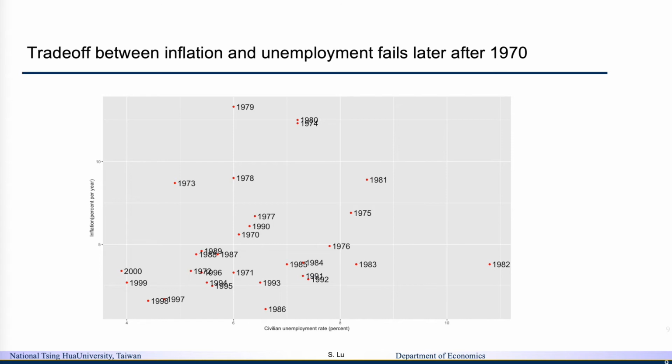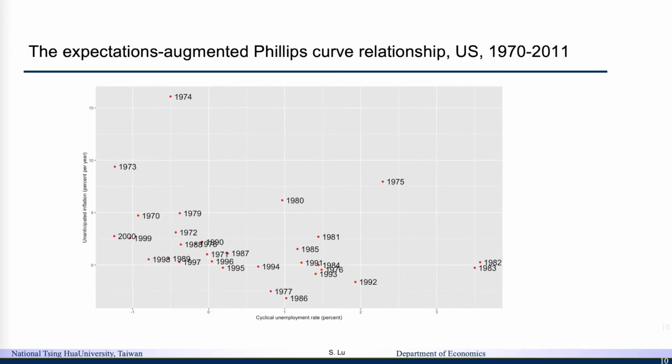And then if we modify the computation of the Phillips curve, from the relationship between the inflation and unemployment rate into the relationship between the unexpected inflation rate and the cyclical unemployment, we will find that the negative relationship is restored.